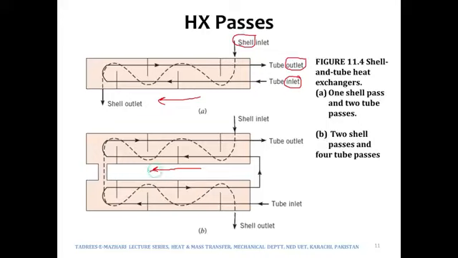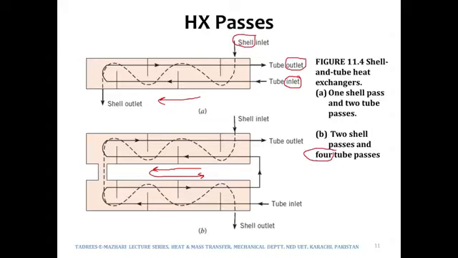While it is in the second shell, its direction of motion becomes positive x-axis. So that would be considered two shell passes, and this would be the first tube pass, second tube pass, the third tube pass, and then the fourth tube pass. So the tube has four passes.